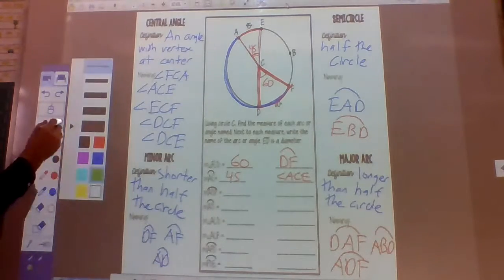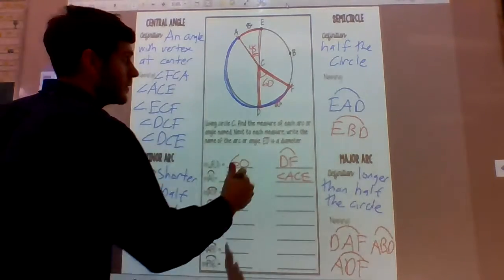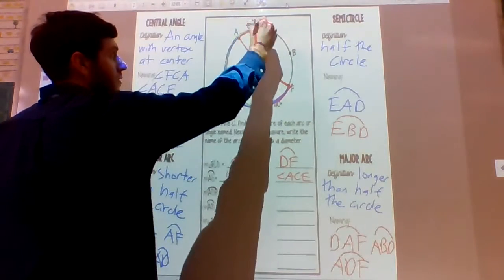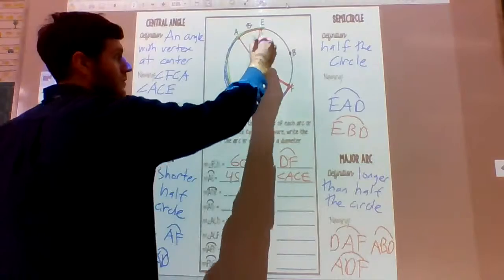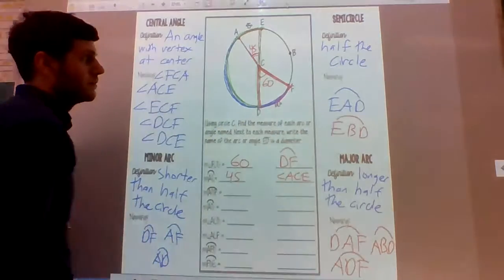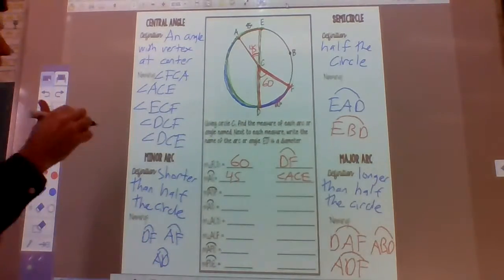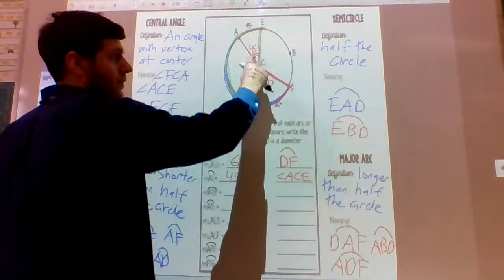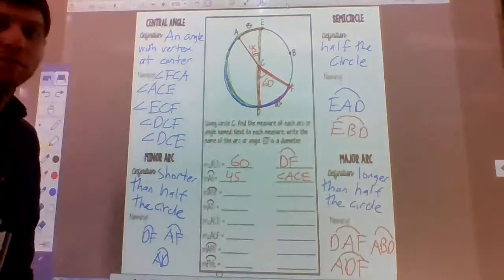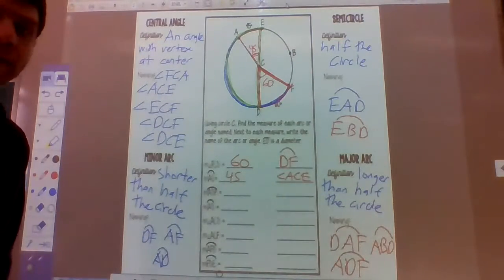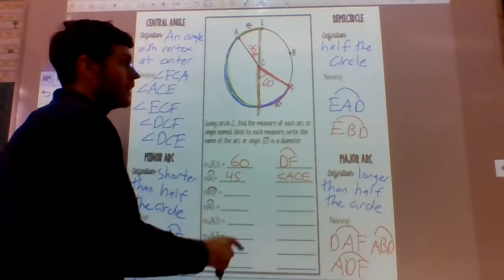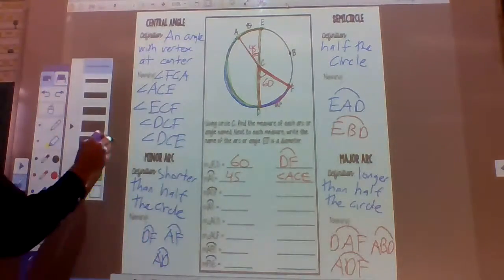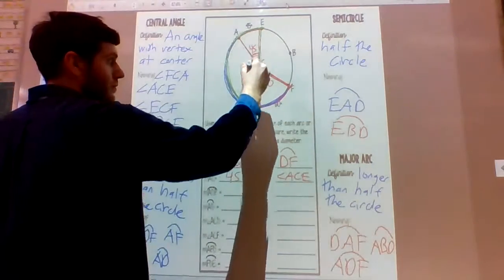So we know a semicircle is 180 degrees. So here's our semicircle. We could also use this line here. So these two angles have to add up to 180 because this is a straight angle, so we have a linear pair. So those need to add up to 180. So 180 minus 45 is going to give us 135. Let me write that in red. 135.